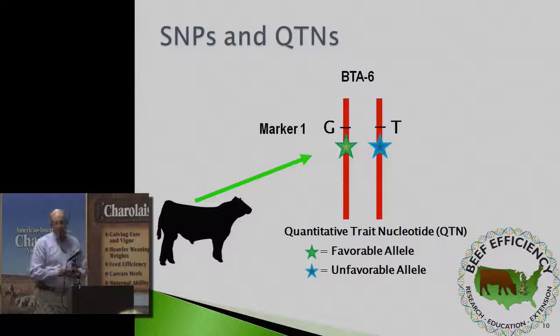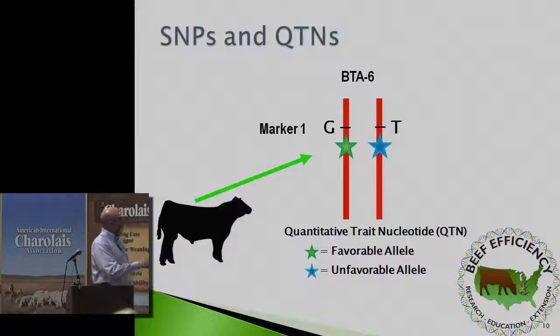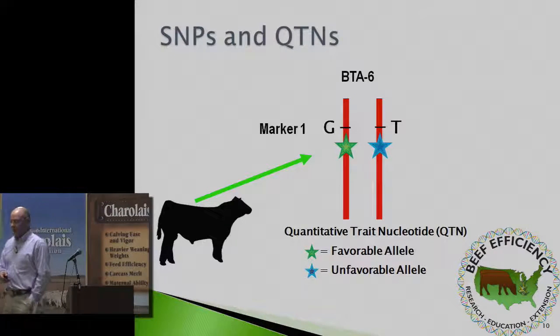So this technology we use today, these genome-wide association studies, are illustrated here. This is a single gene example, or a single locus example. Here we have a marker that's a G and T, a G on one chromosome of this bull, and his alternate allele is scored at T. And we know that these two markers happen to be, through our discovery process, relatively close and associated with a favorable allele and an unfavorable allele in a consistent way across the population that we've scored.